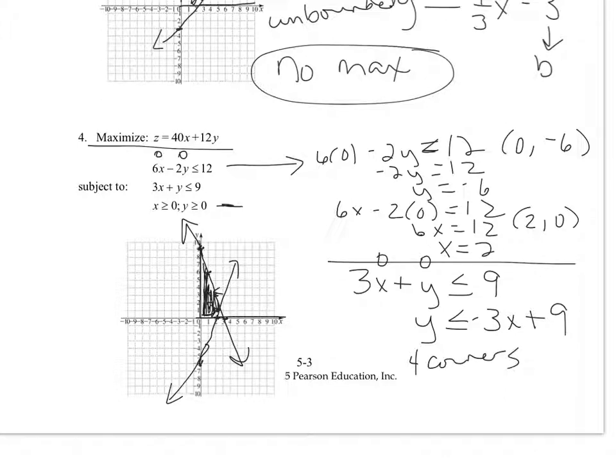We know we have this one, which is 0, 9. We know we have this one, which is 0, 0. But look carefully. You have this one, which is 2, 0, and then this is the one we need to find where those two equations will intersect.